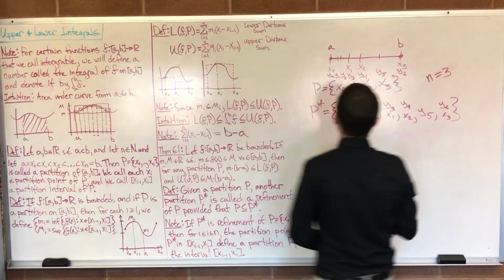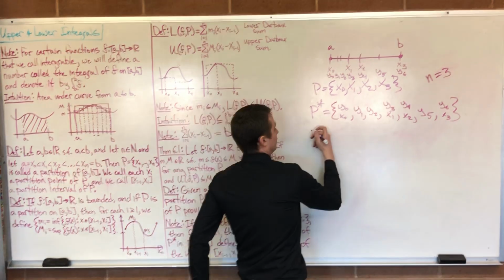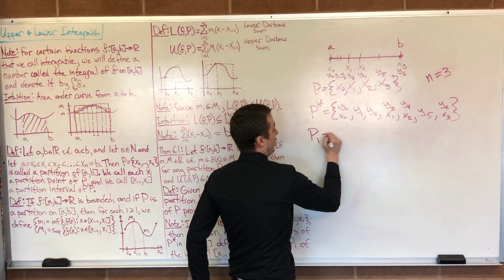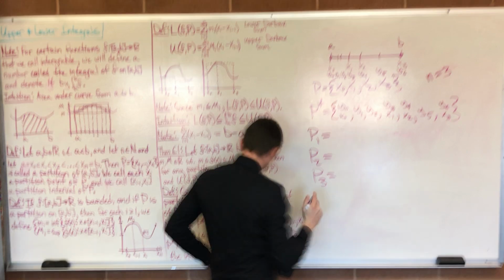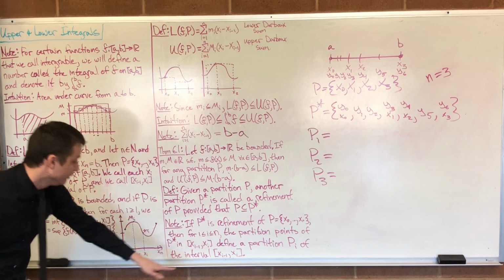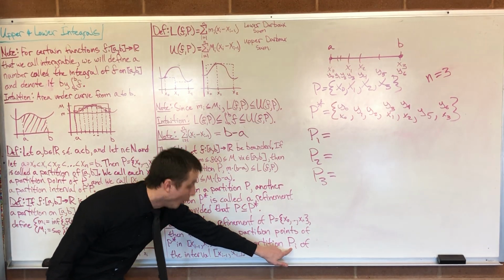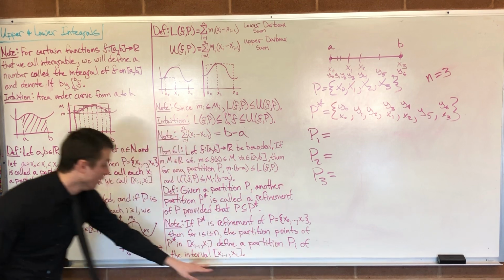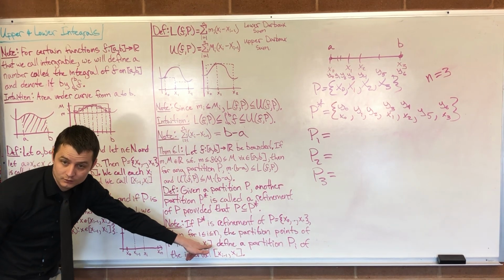Okay, so let's make sense of this real quick. We're saying that we should be able to define a P sub 1, a P sub 2, and a P sub 3. For each I between 1 and n, we're going to define a partition P sub I, whose points are the partition of the ith interval of P.